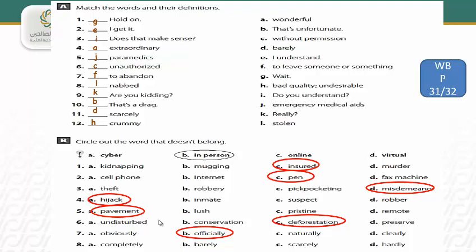Obviously, officially, naturally, clearly. Can't we say that all others are, let us say, informal, while this one in particular is formal? Completely, barely, scarcely, hardly. All of the others mean little, but this completely means on a wide scale.